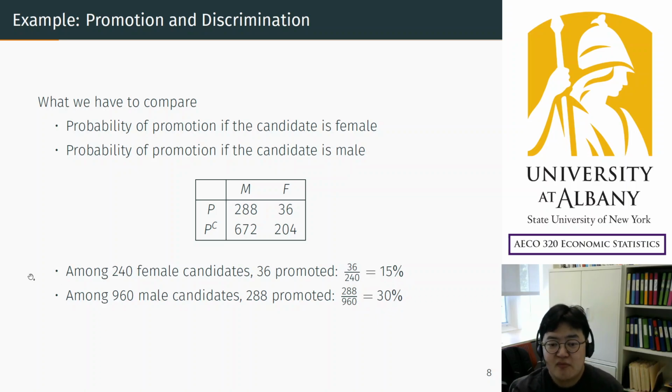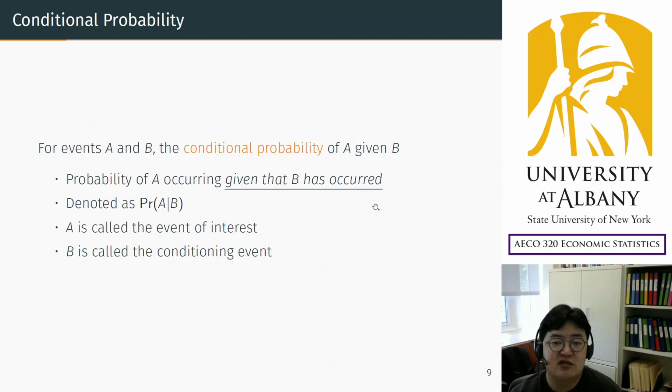So this comparison adjusts for the pool size. The denominators are different, right? So now this is a fair comparison. You have to adjust for the full pool size, and then randomly choose among the given pool. Then the pool size is adjusted. That is the conditional probability.